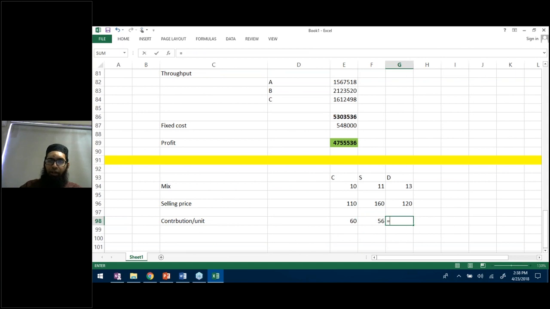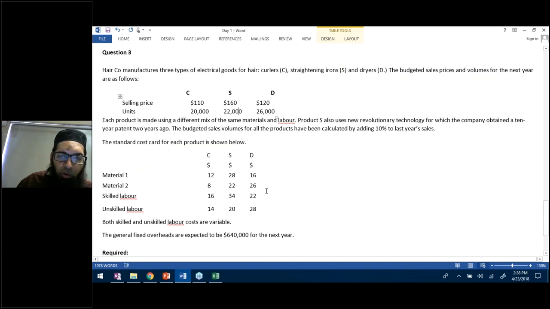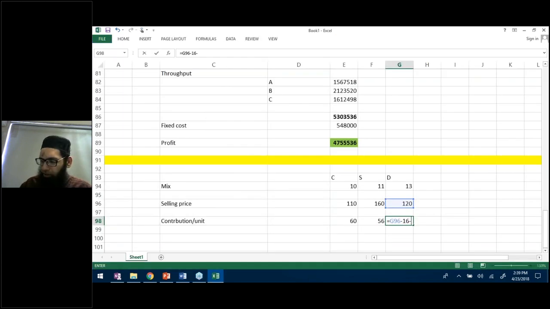Similarly, we can calculate it for product D as well. So it will be selling price minus the variable costs, which are 16, 26, 22 and 28.